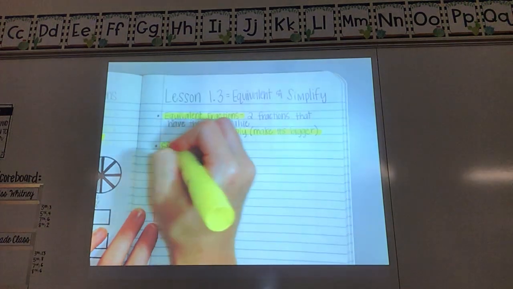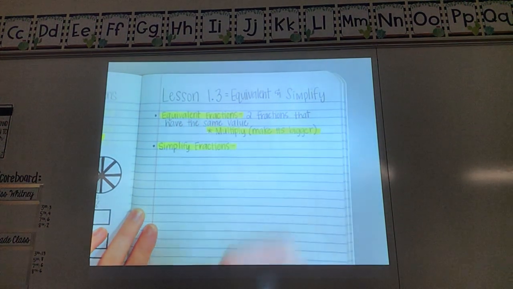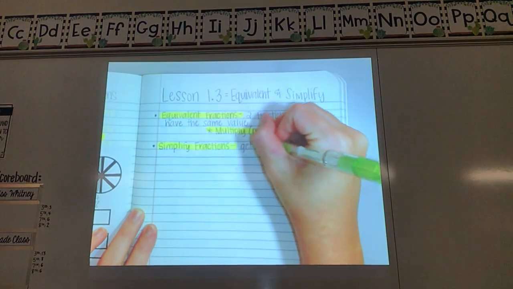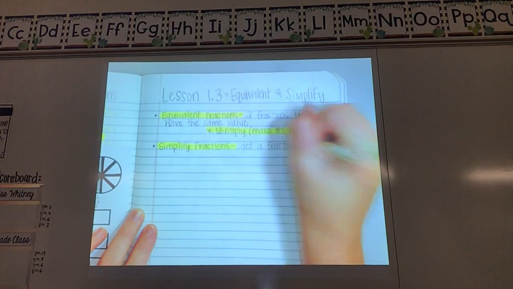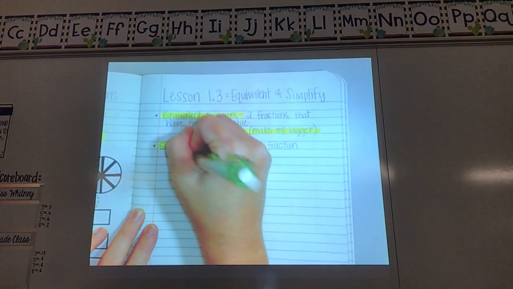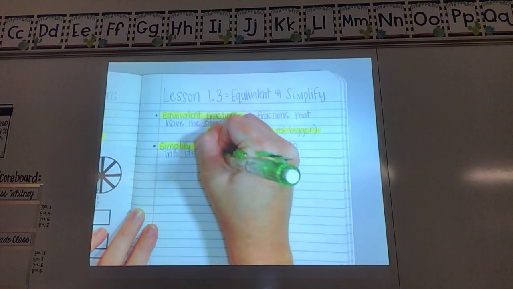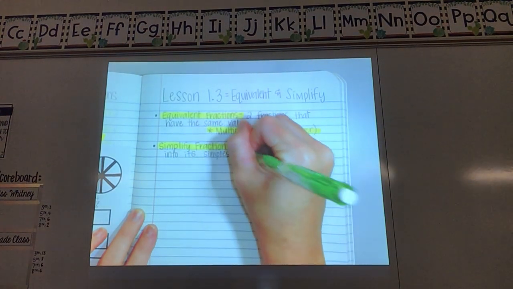Simplifying fractions means that we're going to get a fraction into its simplest form.